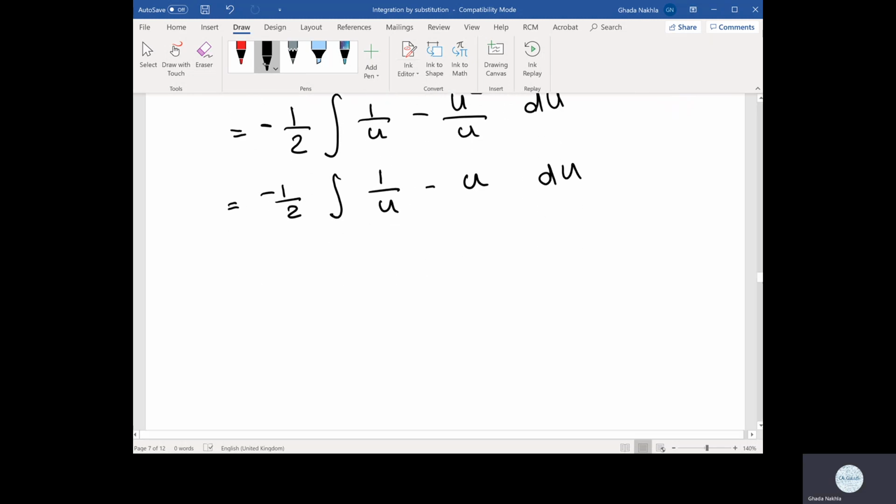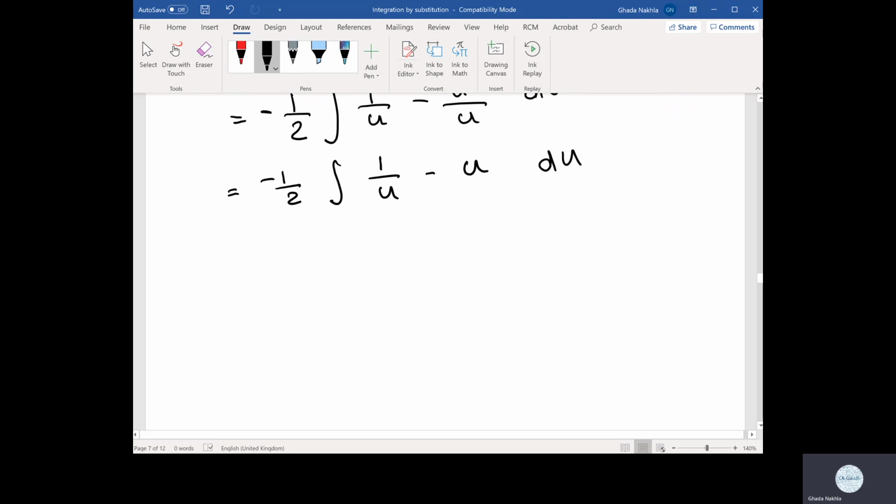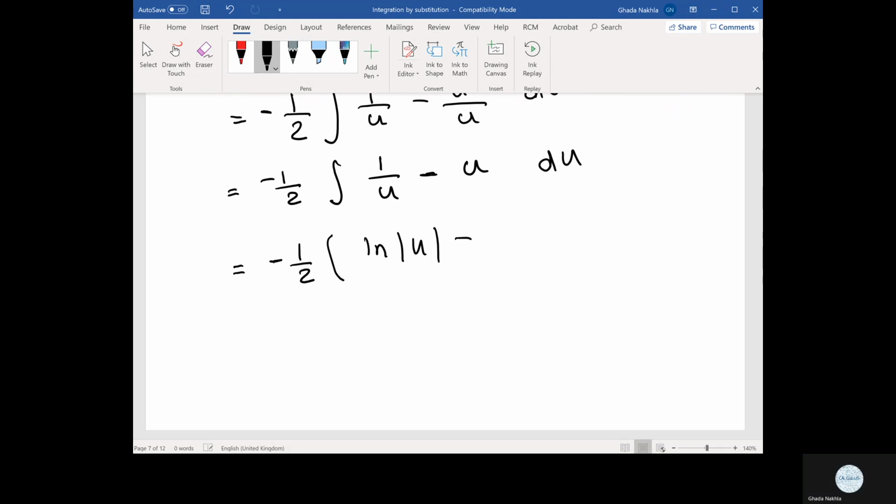Now let's integrate. I've got it all in terms of u. I'm ready to integrate. So equals minus a half. 1 over u integrates into ln mod of u minus u squared over 2. When you integrate, you increase the power, divide by the new power, plus c.